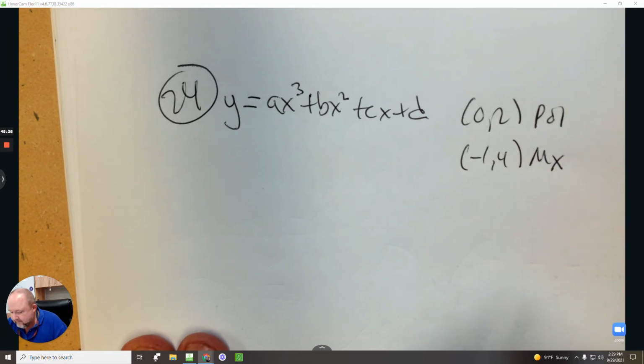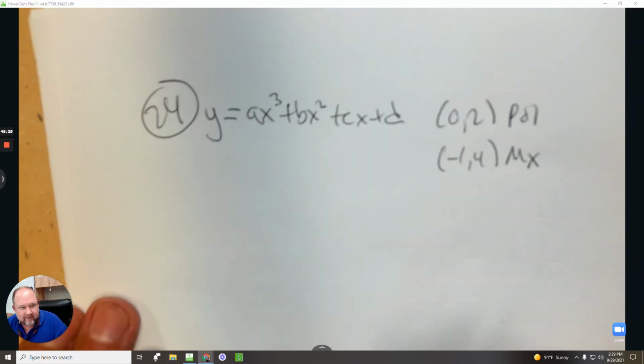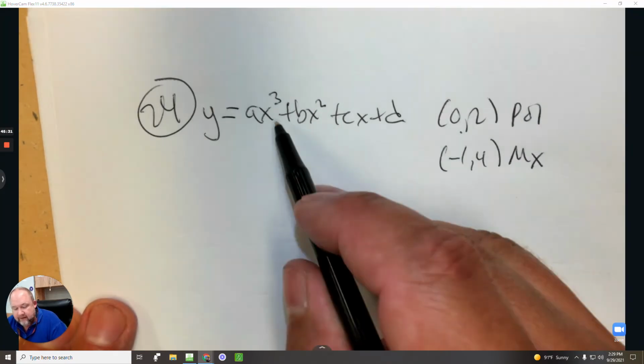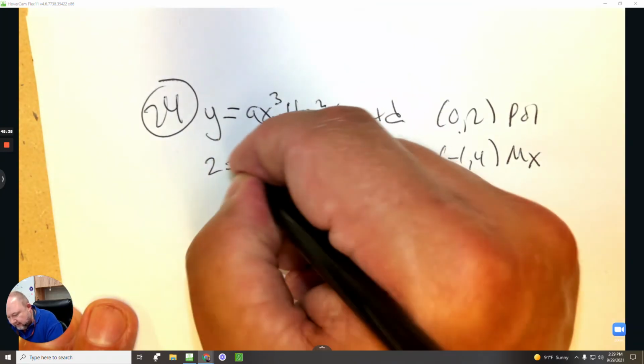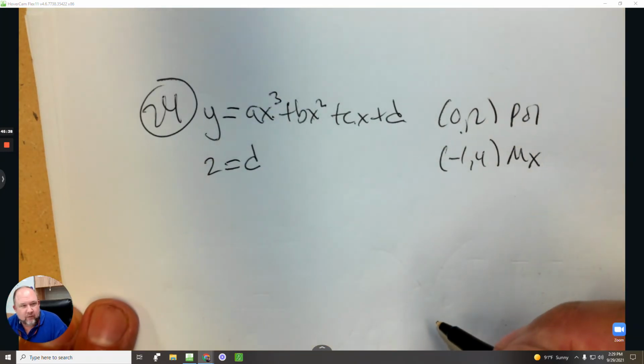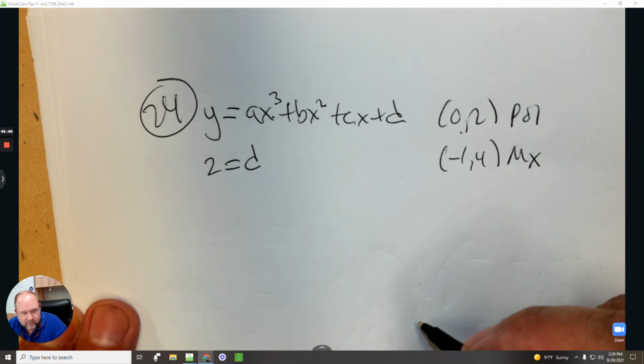And then it says find the values of a, b, c, and d. So the first thing I'm going to do, if I plug in 0 for x and 2 for y, right away you know that d equals 2.